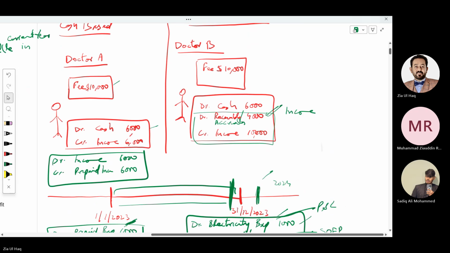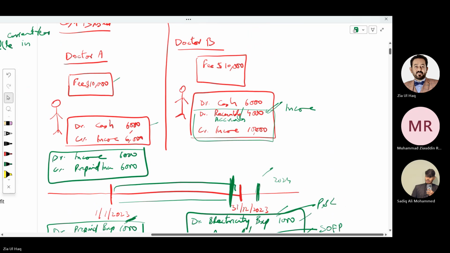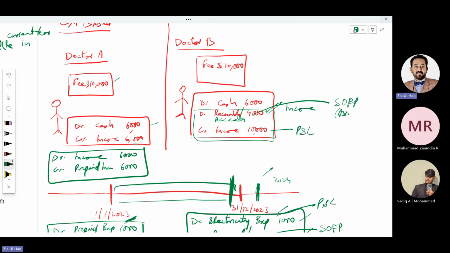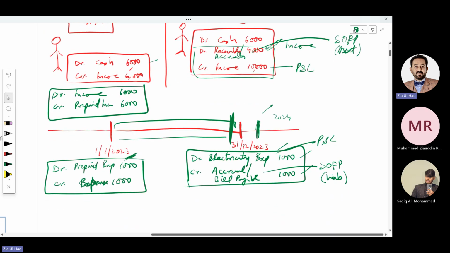And if it is our income that we need to receive in future, what is the entry? Accruals debit, income credit. So income will go into the profit and loss account and this accrual will go into the statement of financial position, but as an asset, because assets are debit and liabilities are credit in nature.